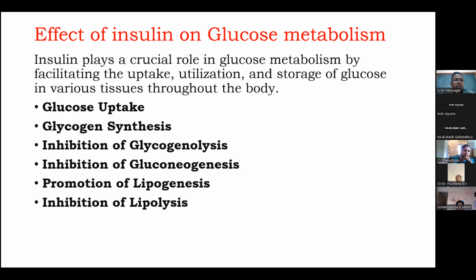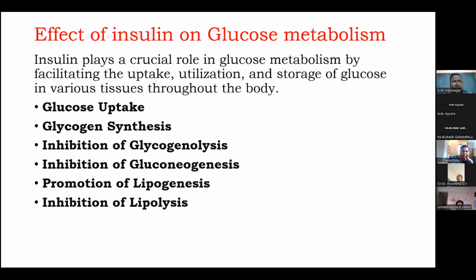Sometimes the inhibition of gluconeogenesis is also important. Insulin suppresses gluconeogenesis, the synthesis of glucose from non-carbohydrate precursors such as amino acids and glycerol, primarily in the liver. By inhibiting gluconeogenesis, insulin further helps regulate glucose levels.